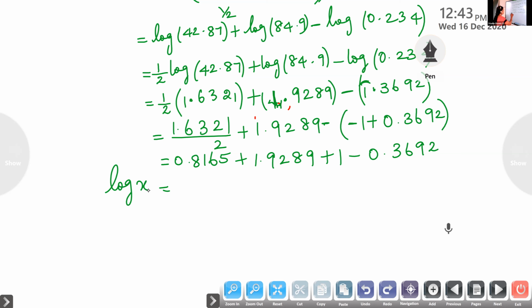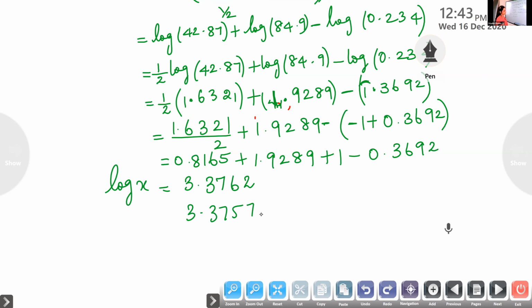We can add all the positive values, then subtract 0.3692. What do you get? 3.3762. What about the others? 3.3757.